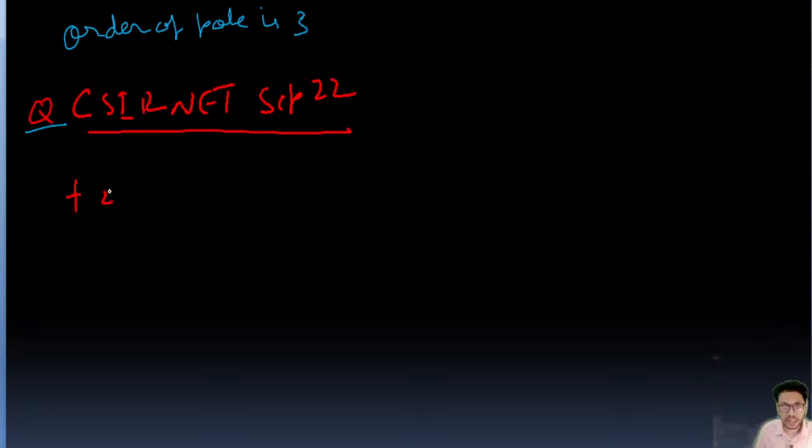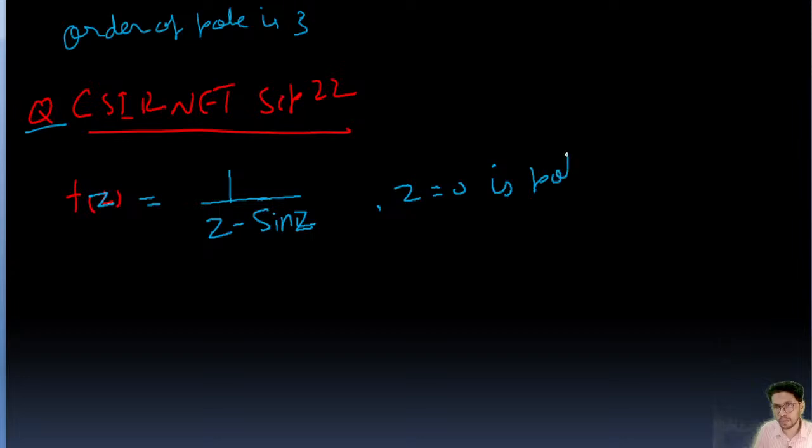The question: f(z) is given, guys. The f(z) value is 1 upon (z minus sin z). And z equal to 0 is a pole of order, and you need to find out that order.